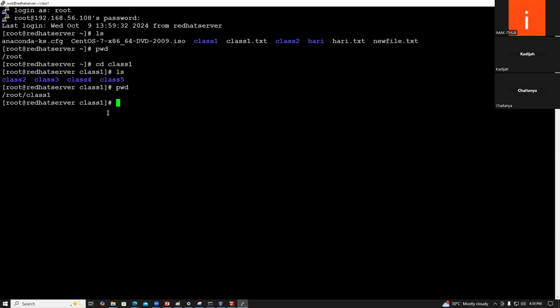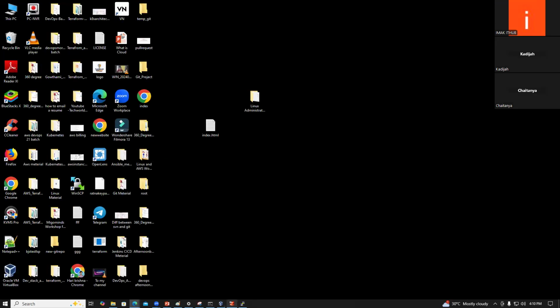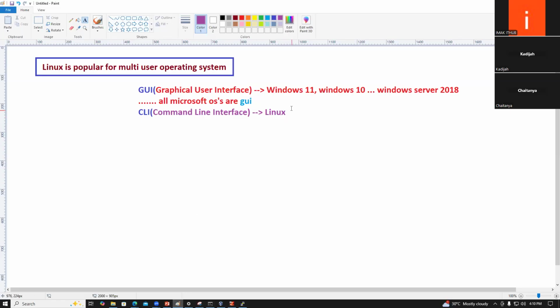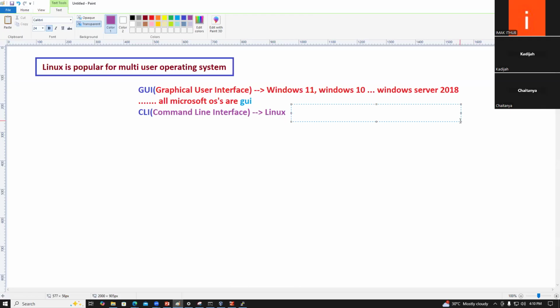Now you understood? Linux is a command line interface. How can you interact with Linux OS?